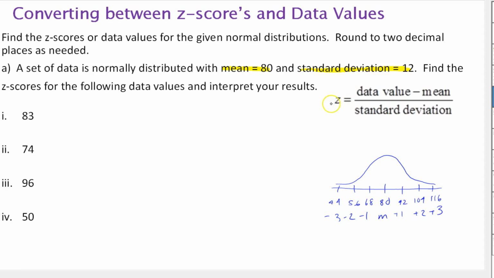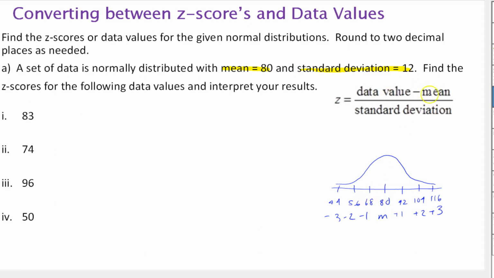So what a z-score is telling us is the number of standard deviations the data value is from the mean, but it's not just going to be integer values, it could be decimal values. When it says take the data value and subtract the mean, that's the difference between the data value and the mean. So if we had 68, for example, that difference is 12, and it would actually be negative since 68 is less.